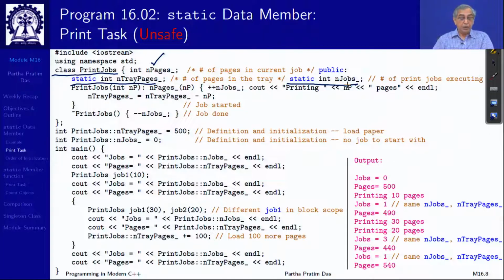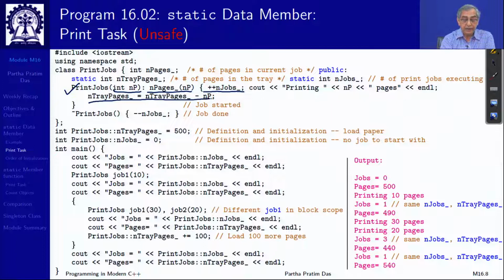So, with that, in the print job constructor, I set n pages, that is how many pages the job has, with the parameter. I increment the static member n jobs because one more job is getting added, and I decrement n tray pages by NP, because this job will print NP pages.